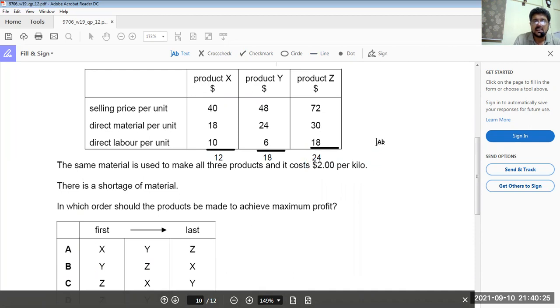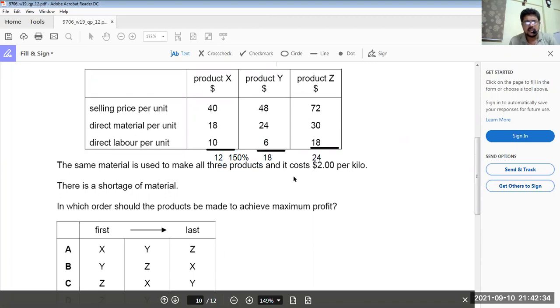Now see, if we divide the direct material cost 18 per unit by contribution 12, 18 divided by 12 is 150%.